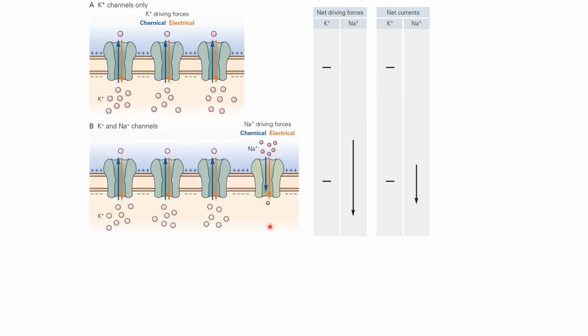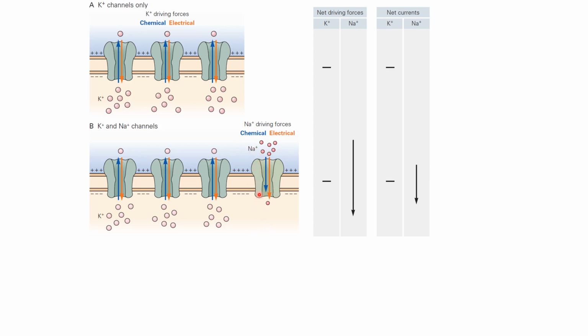Now in this state, when the membrane potential was -75 millivolts, let's say a few sodium channels are opened. So this is a sodium channel, and sodium ions, as we know, are more abundant outside. And so the chemical gradient or the concentration gradient will be in the direction of outside to inside, because there is higher concentration outside and lower concentration inside.